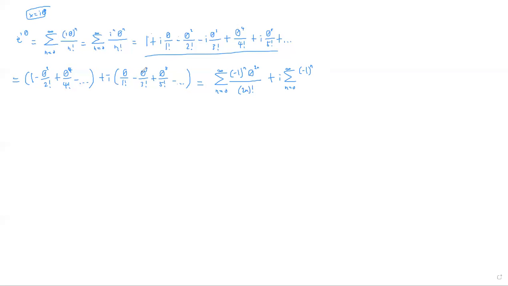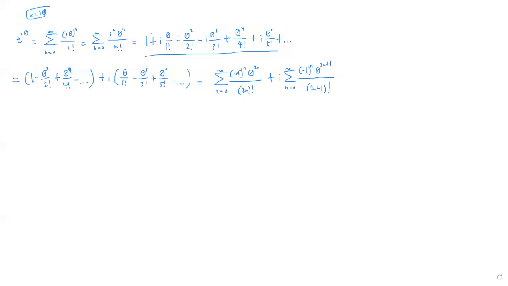And I also noticed that it's every odd power and odd factorial where such a term exists for the imaginary component. So basically that's theta to the 2n plus 1 over 2n plus 1 factorial.